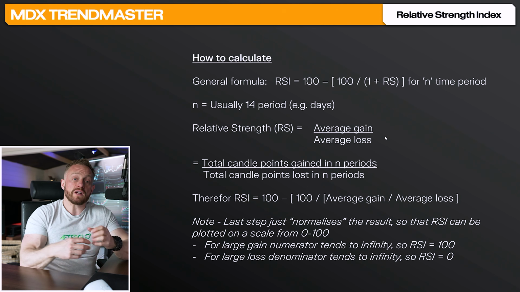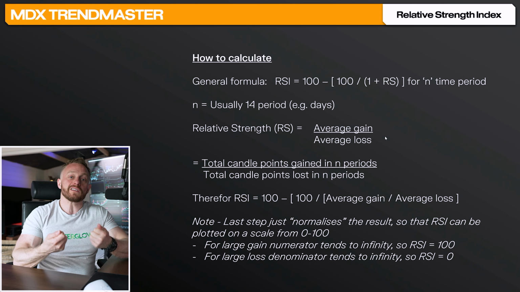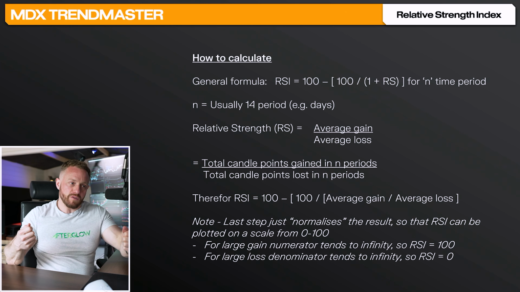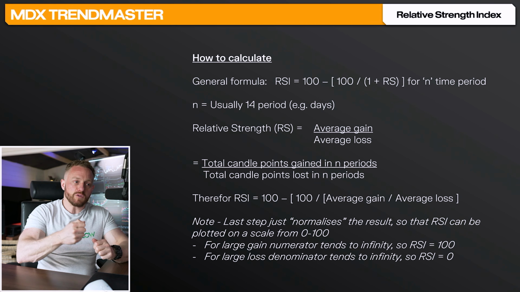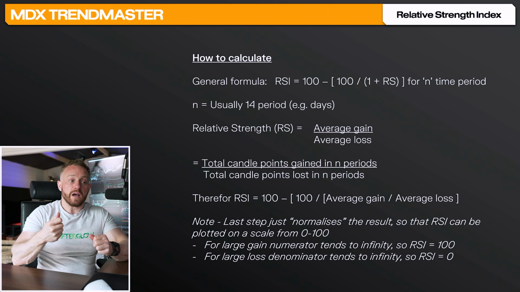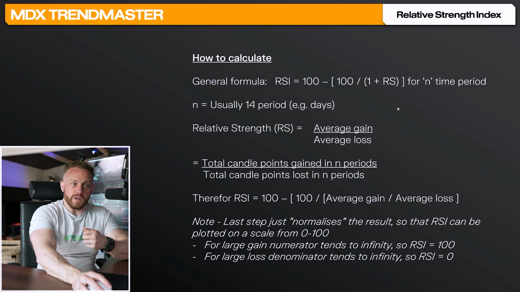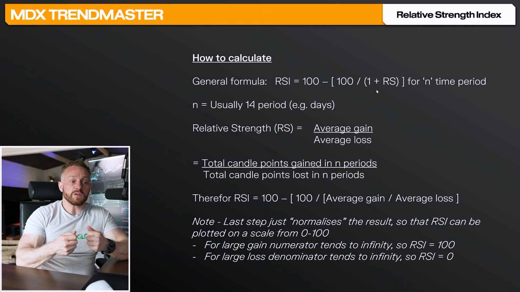And the relative strength is trying to examine the average gain versus the average loss, which means in that period, how many candle points are being gained on the up candles versus how many points are being lost. And then calculating that as a ratio. And then the formula just plugs that in here and normalizes it so that it can be plotted from 0 to 100.